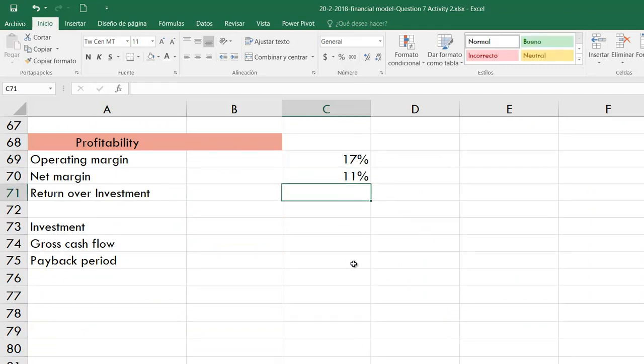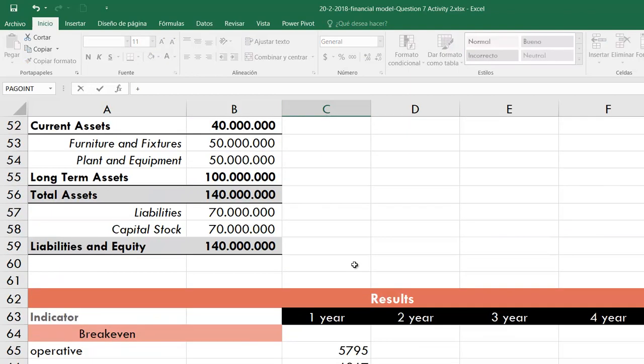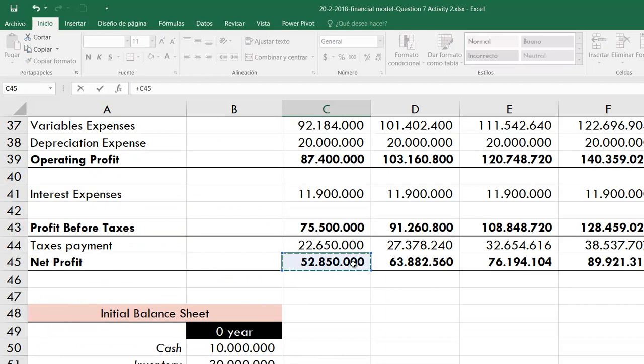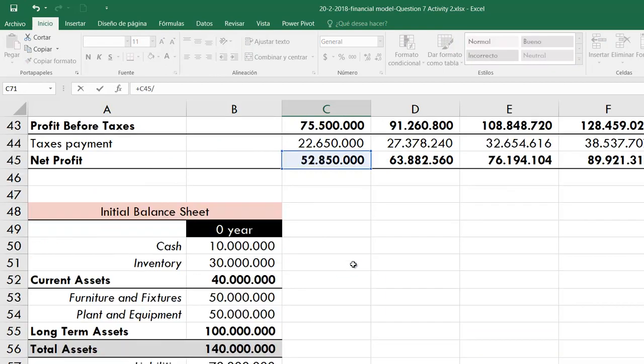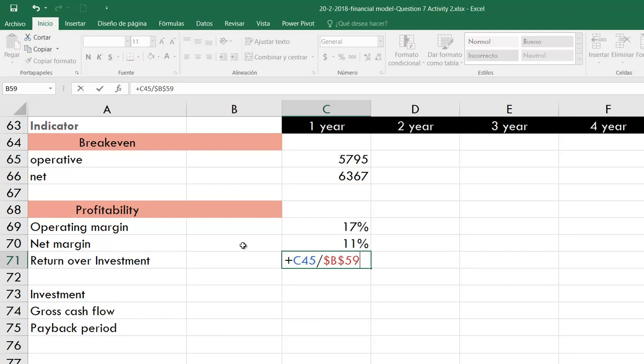And the return on investment will be equal to my net profit that I get every year divided by my investment in total liabilities and equities. I have no short-term liability because all my loan is a long-term loan, and my capital is also long-term. So it would be equal if I take liabilities and equities or total assets. But I need to fix them because they will stay the same.